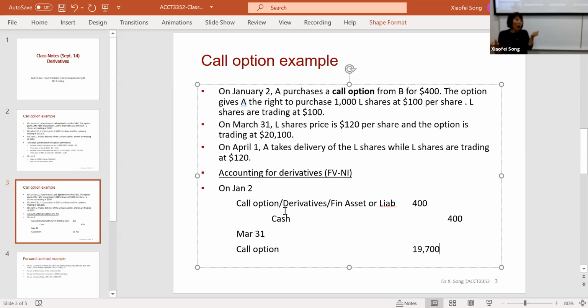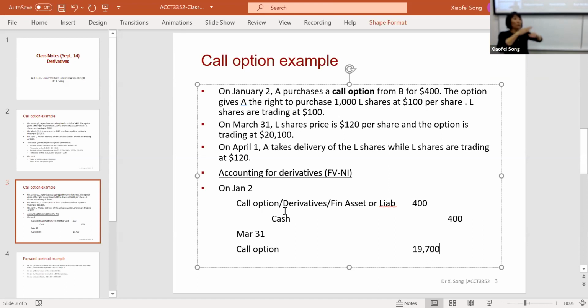The most common mistake from my experience is, oh, the value of the call option is 20,100. I know I need to adjust that. Debit call option 20,100. Okay, the 20,100 is the level. It's whatever the balance should be after you make the adjustment. After you make the adjustment, the balance of the call option should be 20,100.